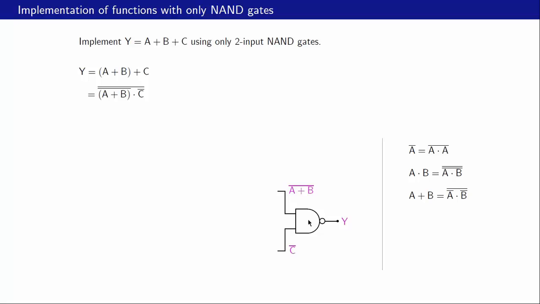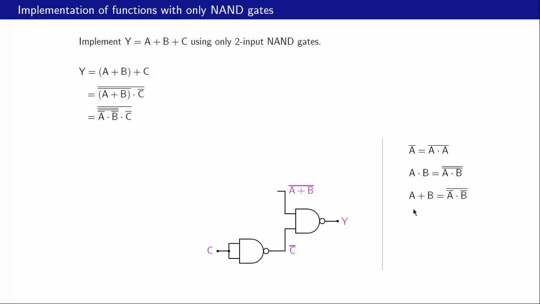Now let us see how to generate each one of these. C bar is easy to generate. We just need to use this equation. So we use a NAND gate, connect the two inputs together and connect that to C to get C bar. What about this operation? This is the NOR operation and it is not there in this list.